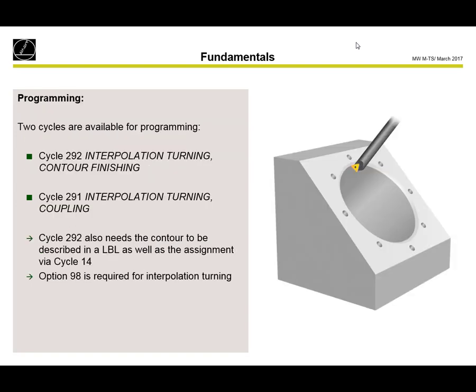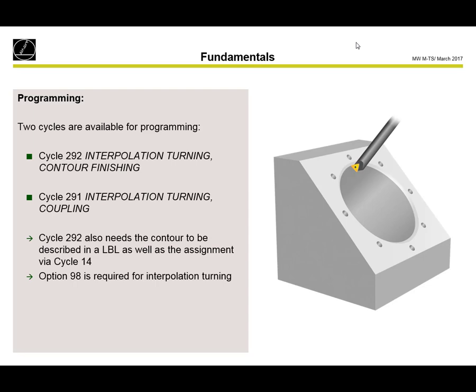For this we have two different cycles. The cycle 292 is for interpolation turning with a contour, and the 291 is just for interpolation turning coupling the spindle. This cycle we will watch later. We can use the cycle 291 together with an output of a CAM system, for example.